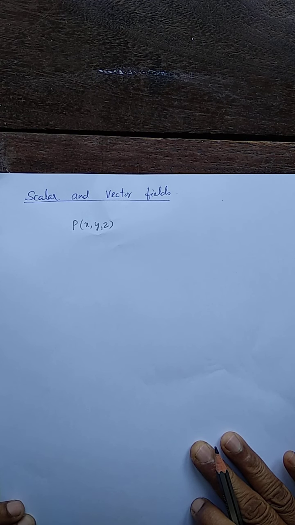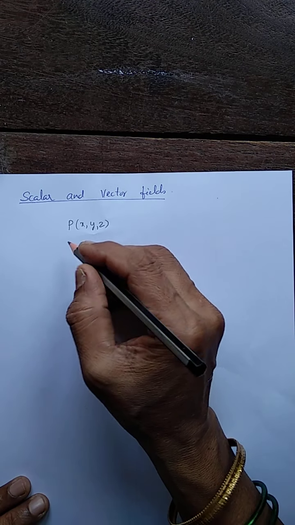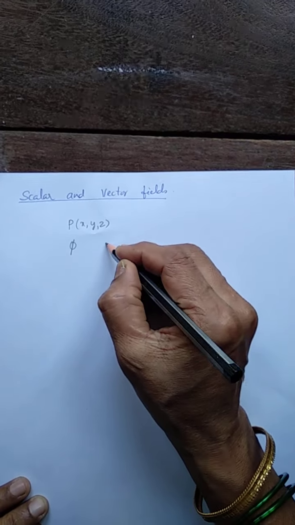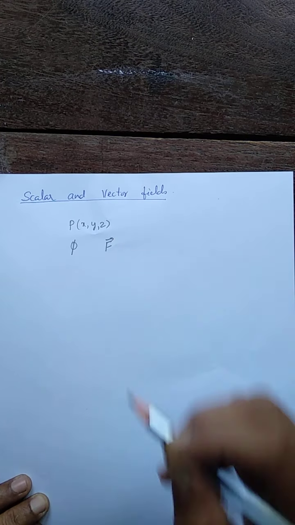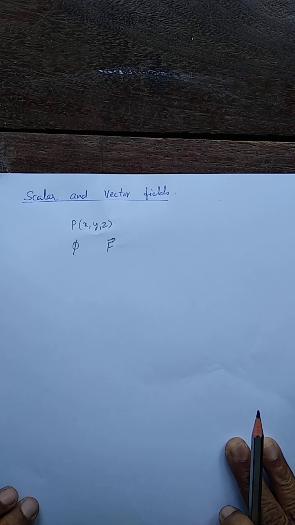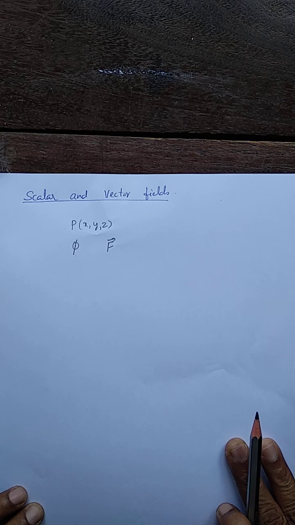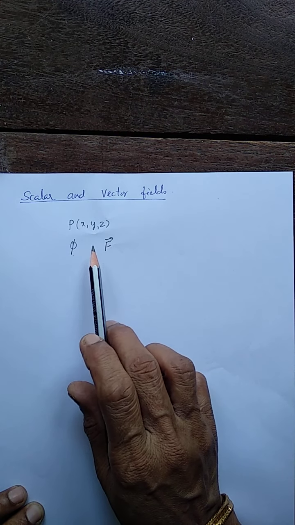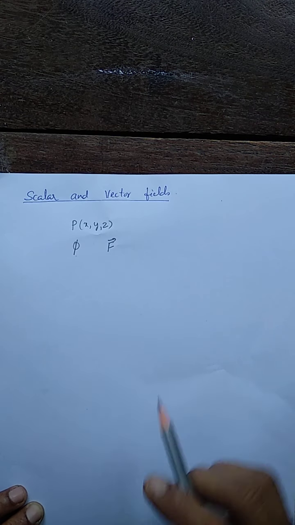Suppose a scalar function, which we denote by the symbol phi, or a vector function, say f, is defined or associated with this point, then these functions can be defined at that point.